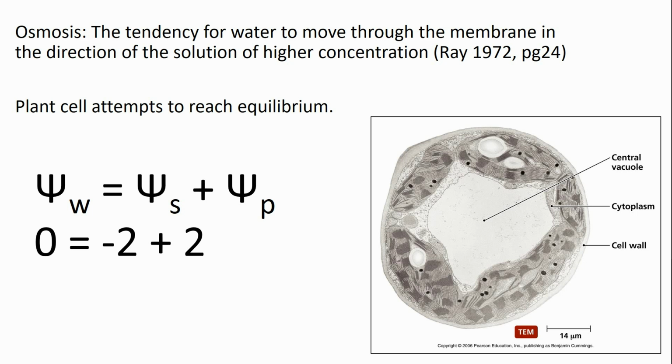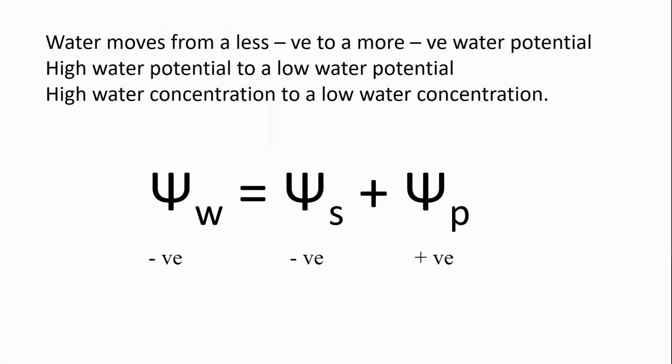Okay, so to recap this section: we had a look at a cellular level, and at a cellular level, we considered the water potential equation. Because we considered the water potential equation, we had to look at each aspect.